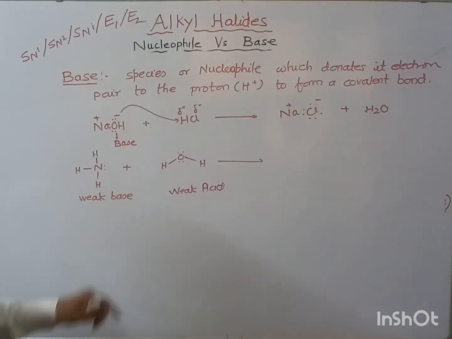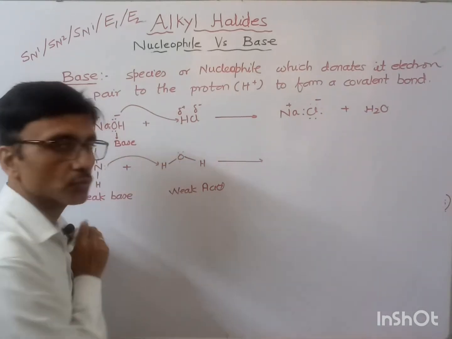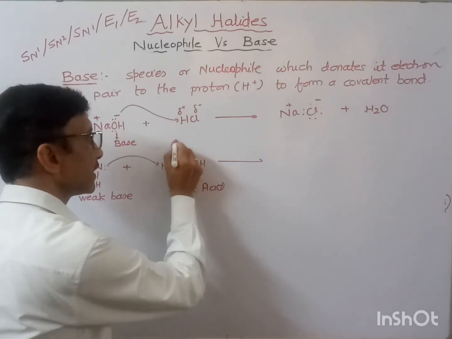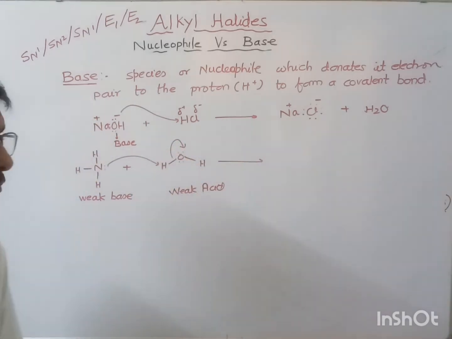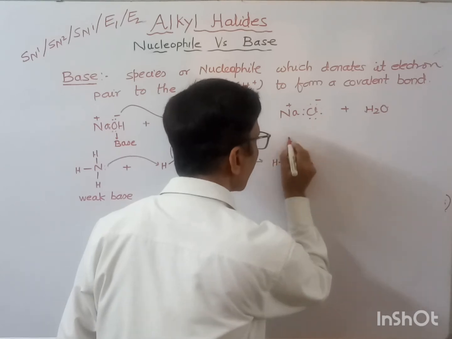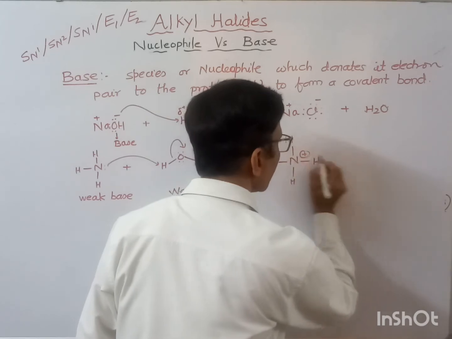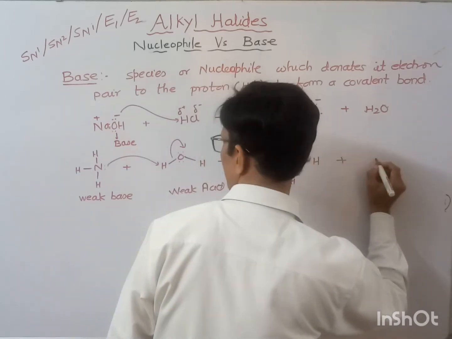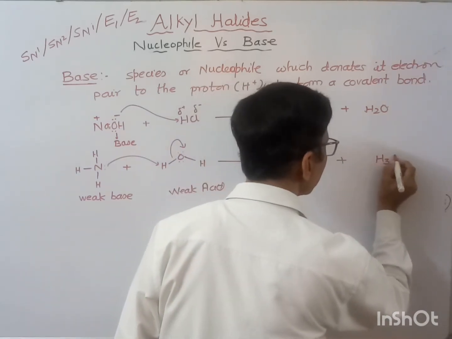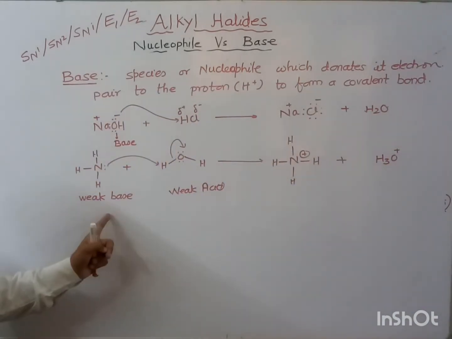So the weak base may donate its electron pair to this H plus, and this OH minus is formed here. So we can write that ammonium ion is formed here plus H3O plus is formed.